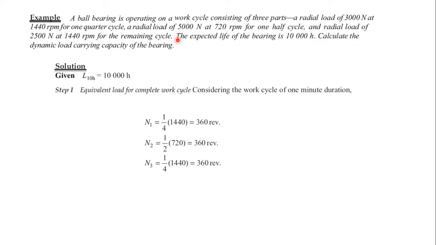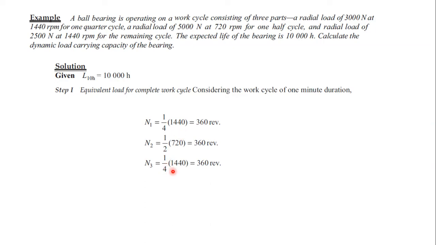If 1/4 is consumed in the first element and 1/2 is consumed in the second element, the remaining will be 1/4 of the life. 25% is consumed in the first element, 50% in the second element, so the remaining life is 25%, that is 1/4.